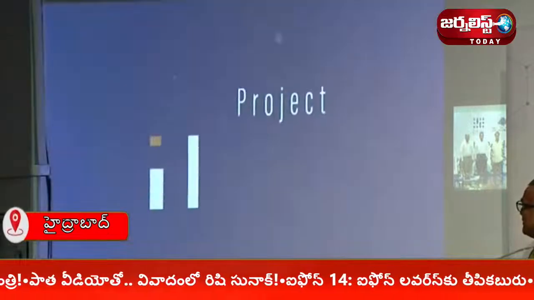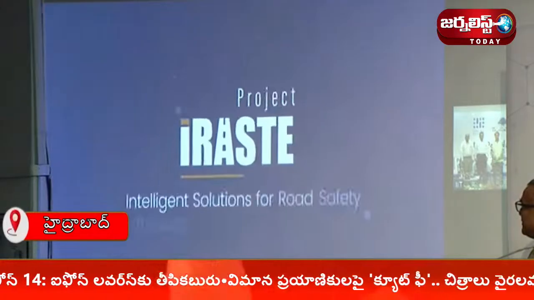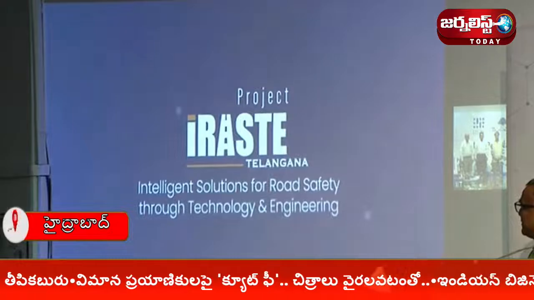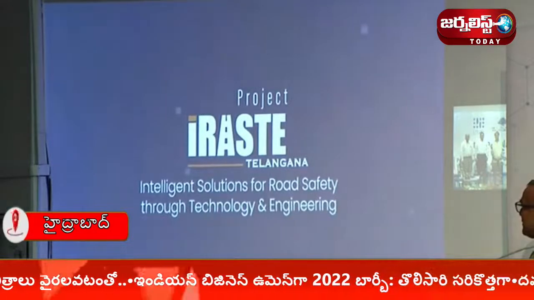Join us in a mission to reimagine road safety with the predictive power of AI. Project iRASTE, Hyderabad, Telangana. Intelligent solutions for road safety through technology and engineering.